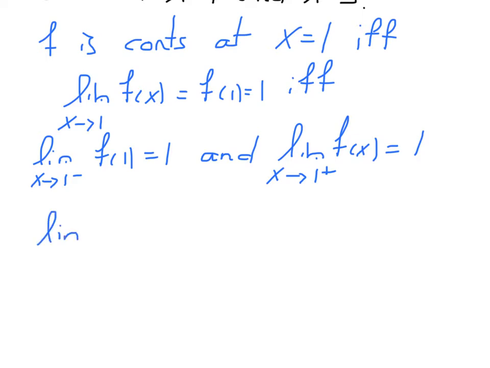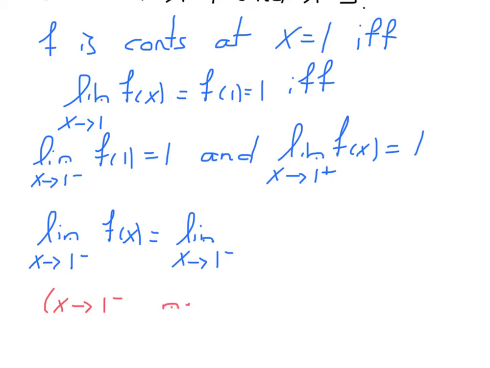So looking first at this left-hand limit, the limit as x tends to 1 from the left of f of x is equal to, well, when I'm taking the limit as x tends to 1 from the left, remember, this means that, first of all, x is tending to 1, so x is approaching 1, and it also means that x is less than 1.